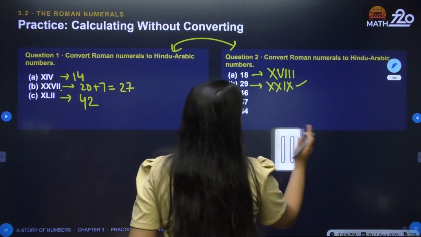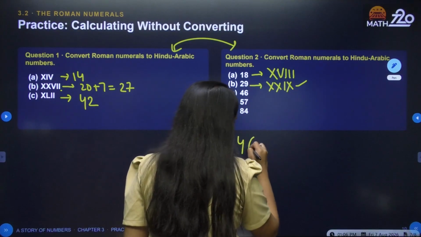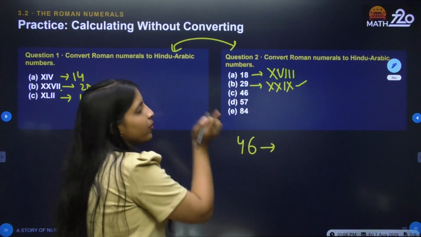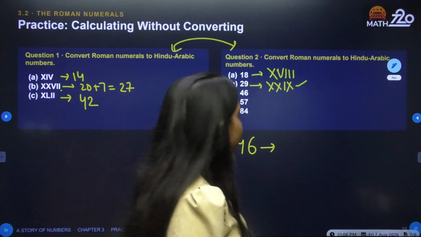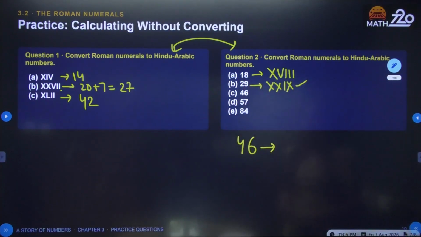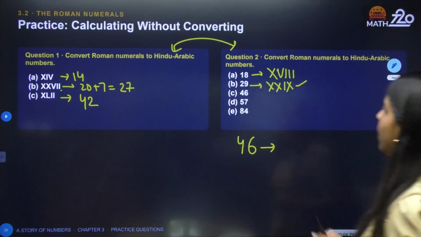After that we have 46. Try to write the Roman numeral of 46 in the next 30 seconds. Okay.